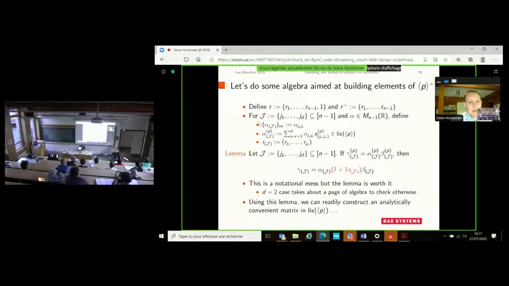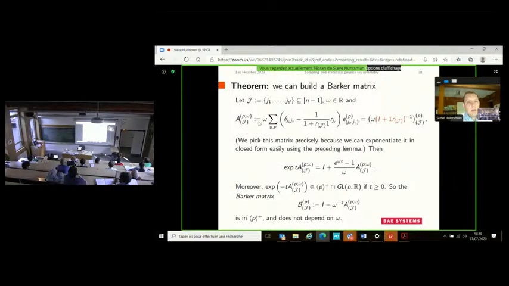And so the lemma that pops out is that if you multiply a couple of these, then you can pull back the parts without these superscripts, like so. And this is really a mess notationally, but the reason for it is that doing the simplest case is a page of very mind-numbing algebra otherwise. So we don't have to internalize it for the talk, but just rest assured that it's important to keep things concise. And with this in mind, we can build a generalized Barker matrix.